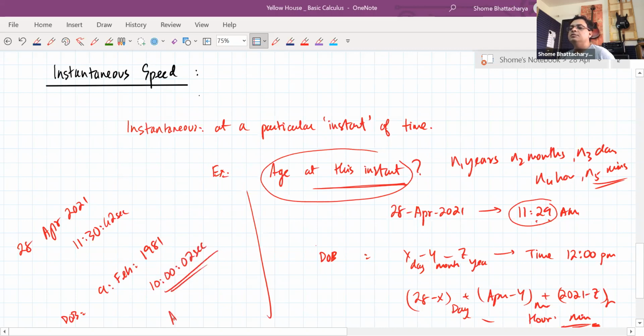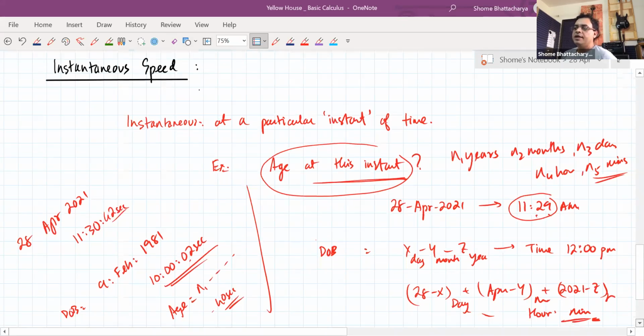Now my instantaneous age is a certain number of days, years, and all that, but precise up to seconds, and 40 seconds, because this is 42 and this is 2. So now my accuracy of the instantaneous age has gone up to a second. Similarly, if I had expressed it in milliseconds, the accuracy would be that much more.